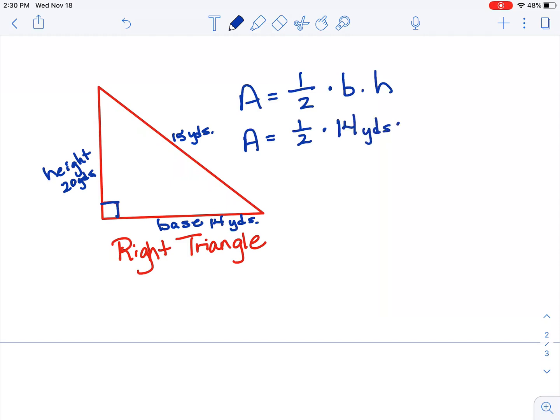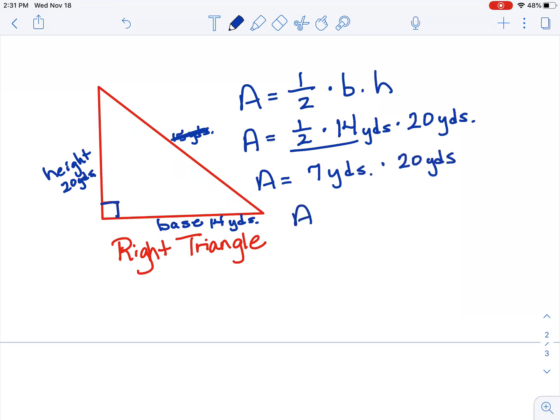My height is not this, it is the straight up and down 20 yards. So area, half of 14 I can do easily. Half of 14 is 7 yards times 20 yards. 7 times 20 is 140, and yards times yards makes yards squared. So that is my answer.